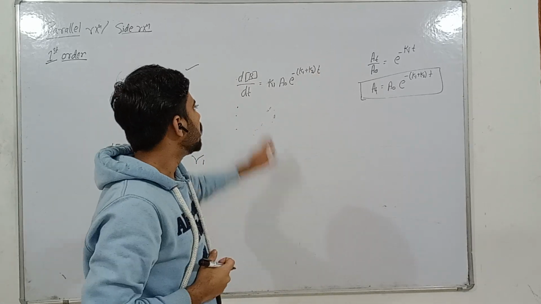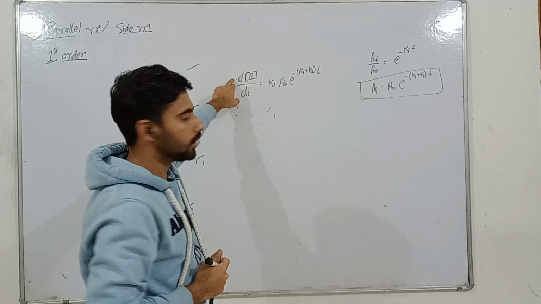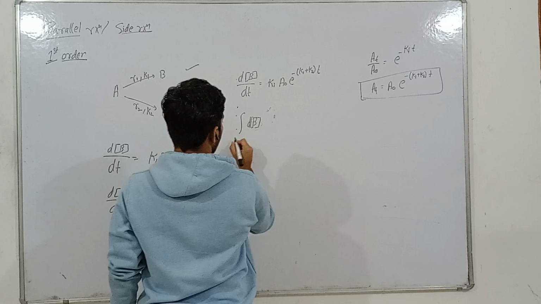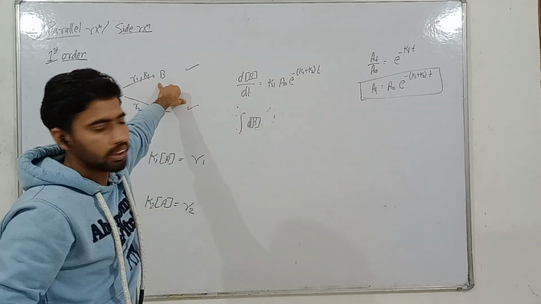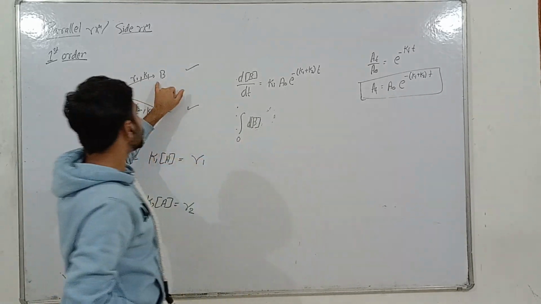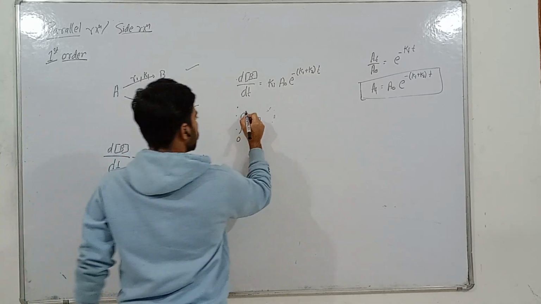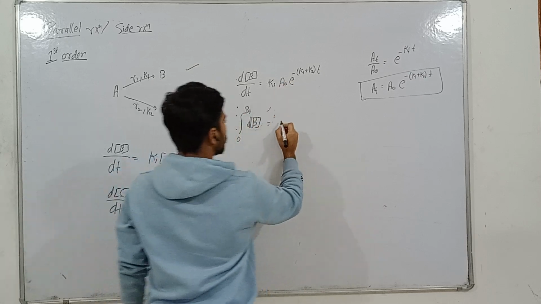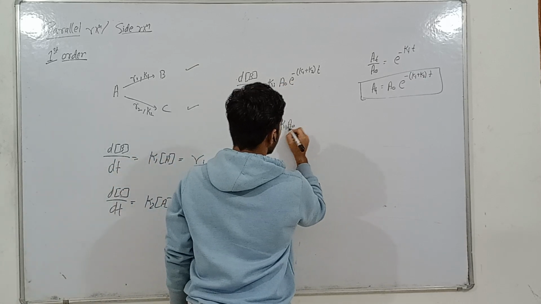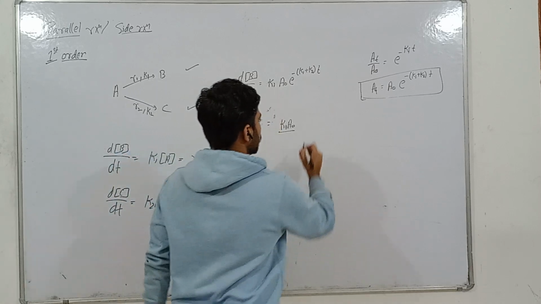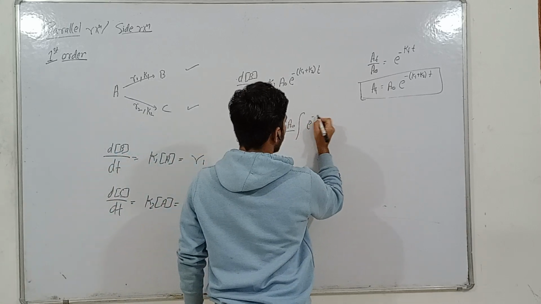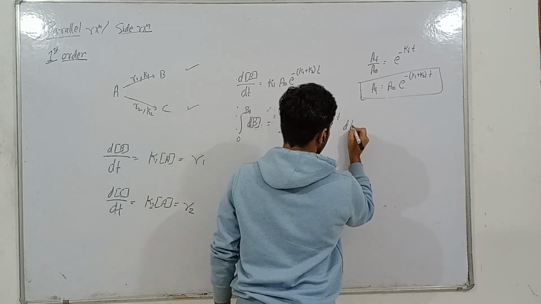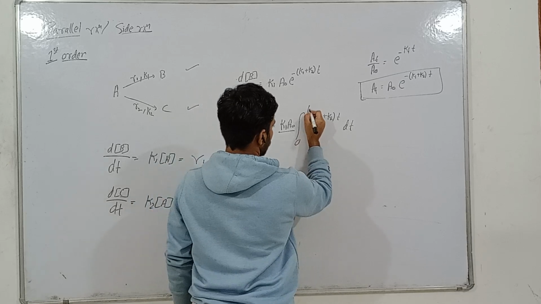No problem. If we integrate this dB, at time 0 the concentration of B equals 0. At any time, the concentration of B equals K1 into A naught, these are constants, into the integral of e to the power minus of K1 plus K2 into t dt, from t equals 0 to t.